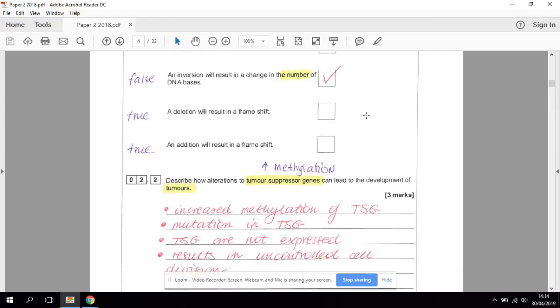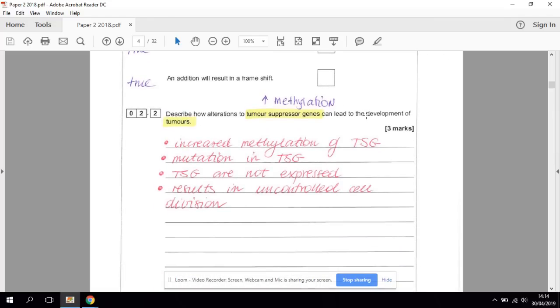So what we've got here is to describe how alterations to a tumor suppressor gene can lead to the development of tumors. Here it's a general question, because they didn't tell you what kind of methylation or acetylation you are looking at. So the tumor suppressor genes will lead to a tumor only if you increase methylation.